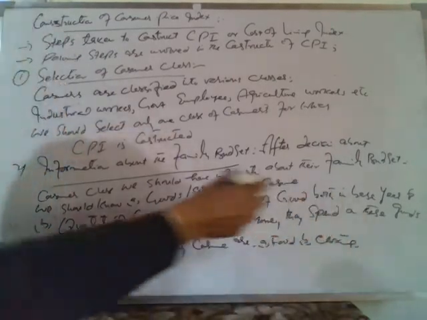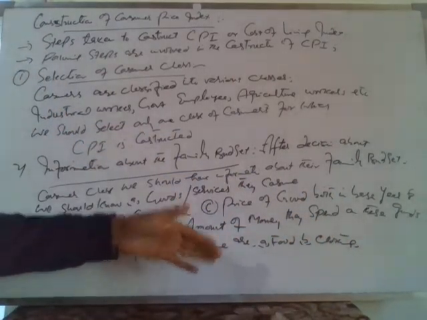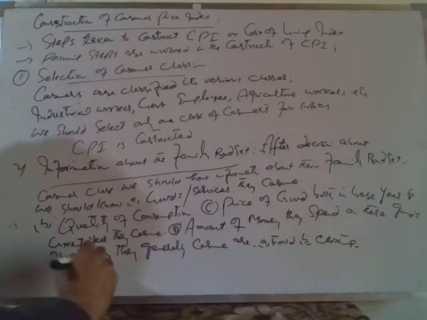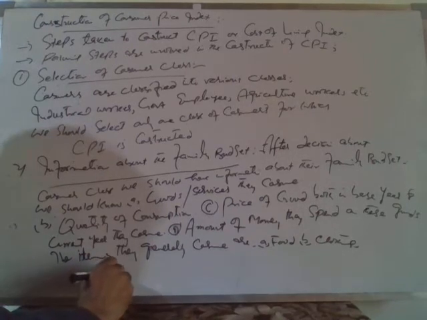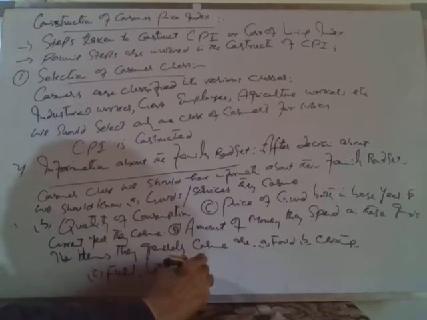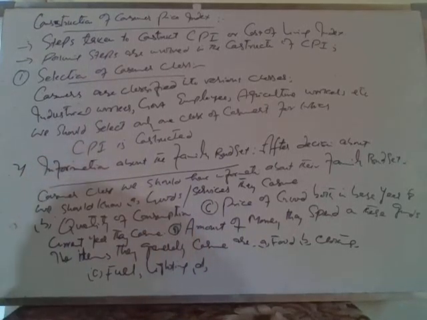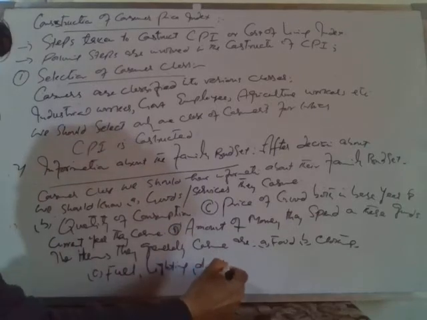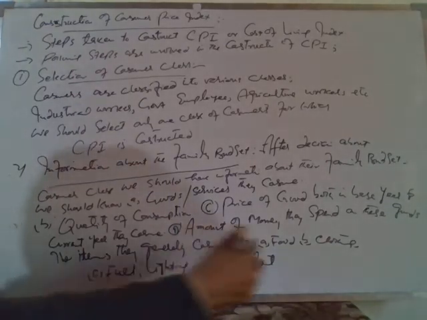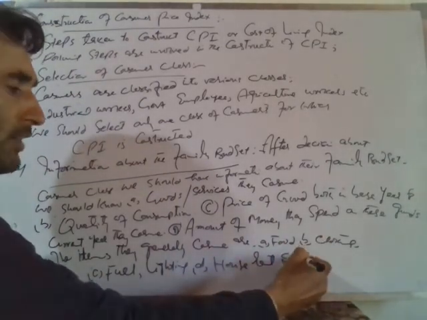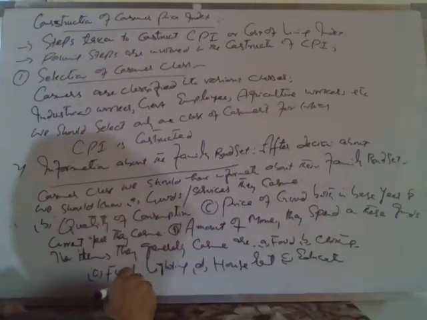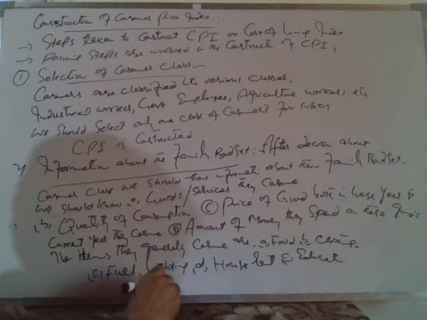Generally all sets of people, if we take a particular class, also consume these goods, food, clothing. We have fuel, so every consumer consumes fuel. Lighting, they use lighting, how much money they spend on lighting. House rent, they also spend on education, health, etc.